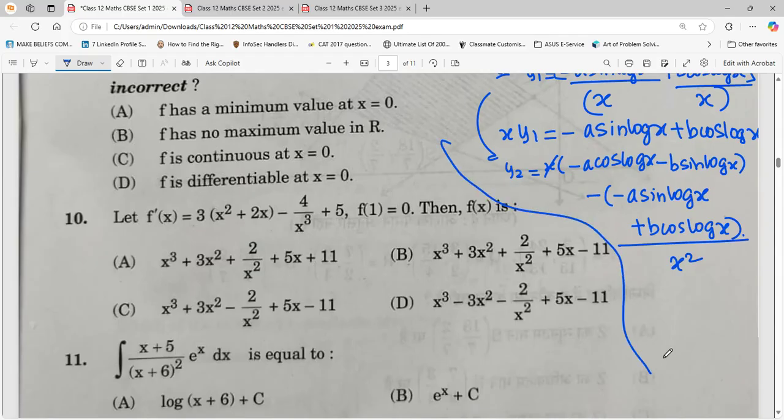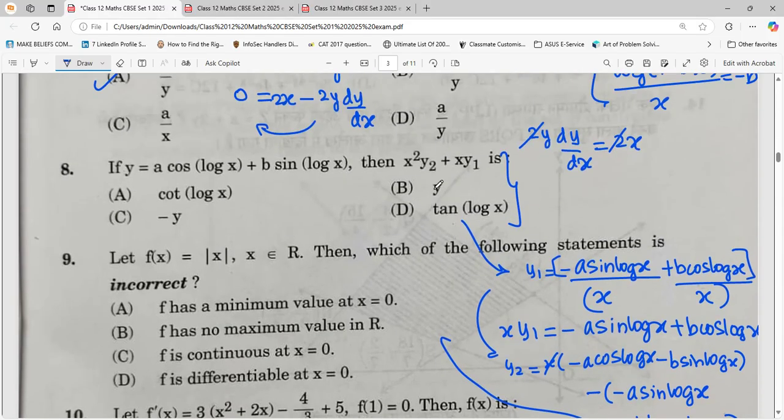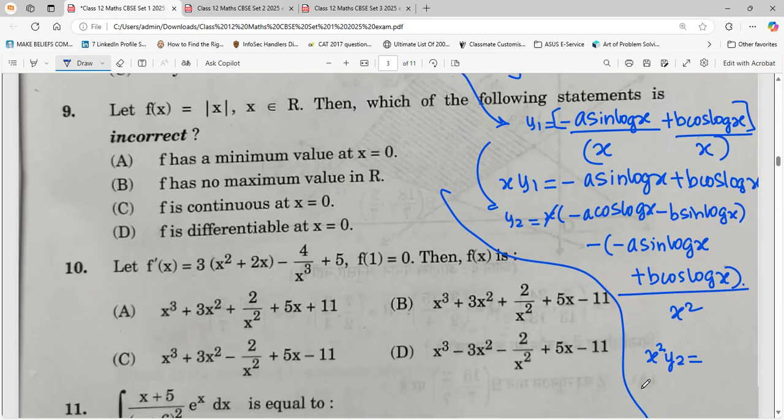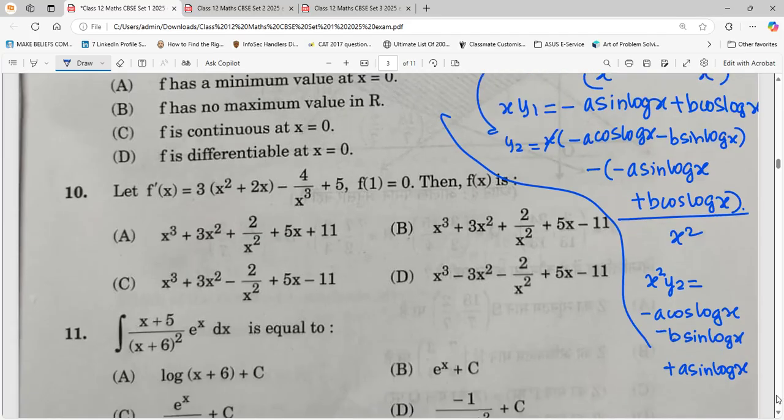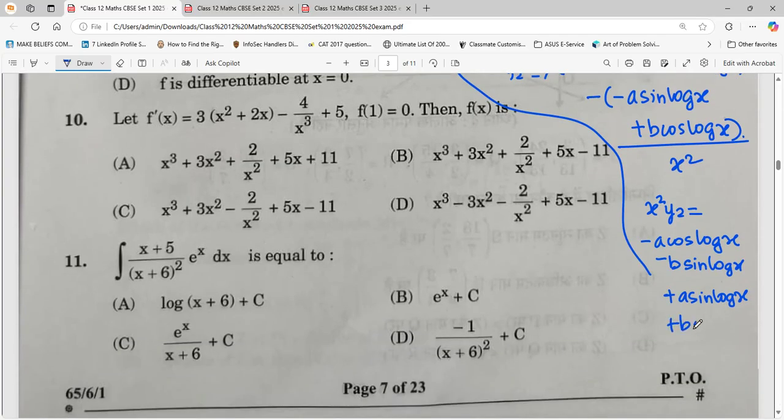So in this case, we want that term, x square y2. x square y2 is equal to minus a cos log x minus b sin log x plus a sin log x plus b cos log x.